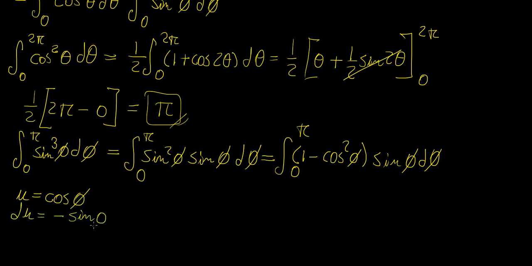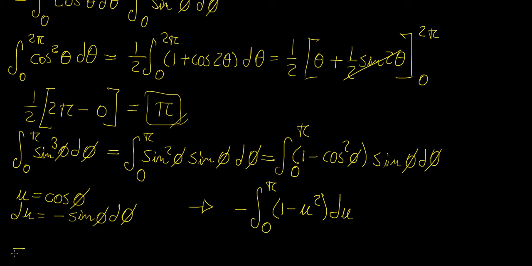So if we say u equals cosine of phi, then du is going to be equal to minus sine phi d phi. So now if we essentially just put a minus here, let's rewrite the integral: minus the integral from 0 to pi of 1 minus u squared, and then this is just going to be du. And remember, we put a minus here because we put a minus on the inside as well, so that this will be exactly equal to du.